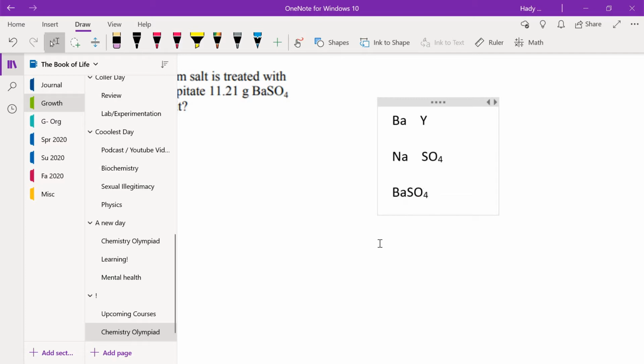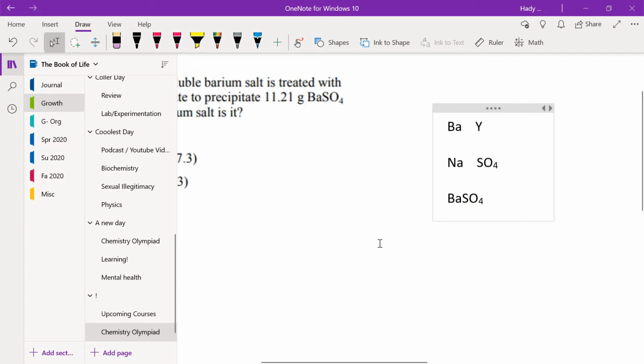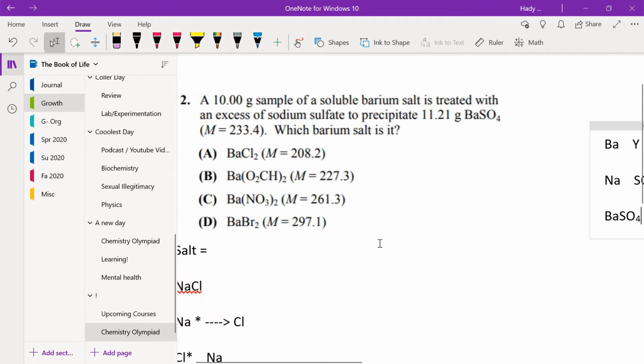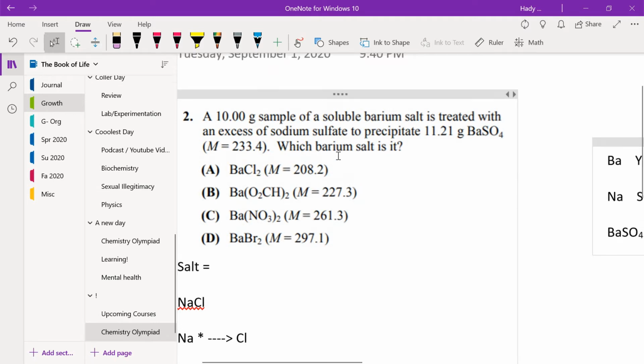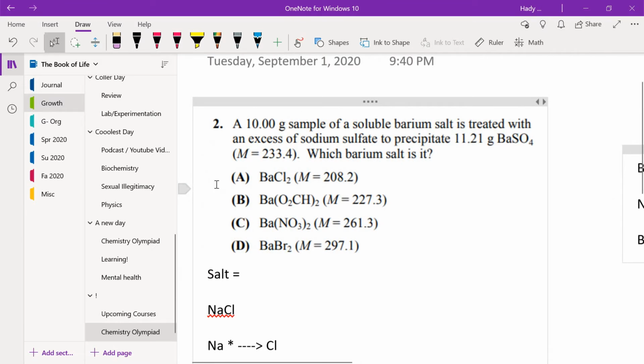So that's probably the biggest thing, obviously: the fact that it precipitated out. So, which barium salt is it? This question gets us into what makes something soluble. That's what it's really asking. It says it's soluble.